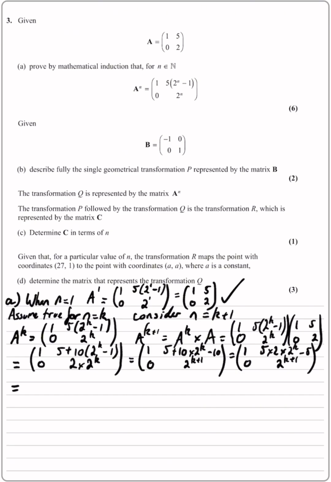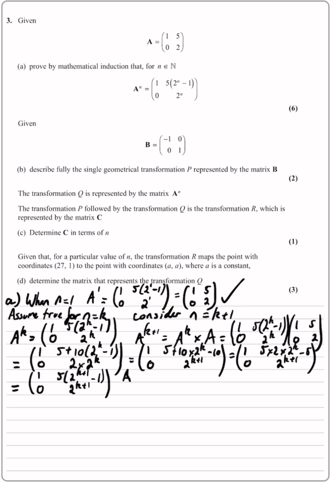And that allows us to factorize the top right. So we can factorize out a 5, and we can do the 2 times 2 to the k as 2 to the power of k plus 1. And we now have it in the desired form. So we can see that it's true for n equals k plus 1.